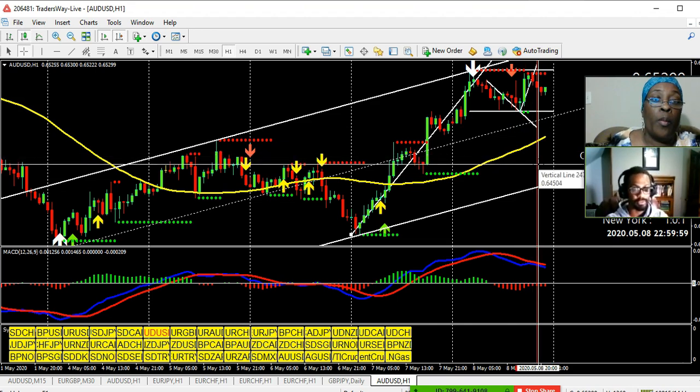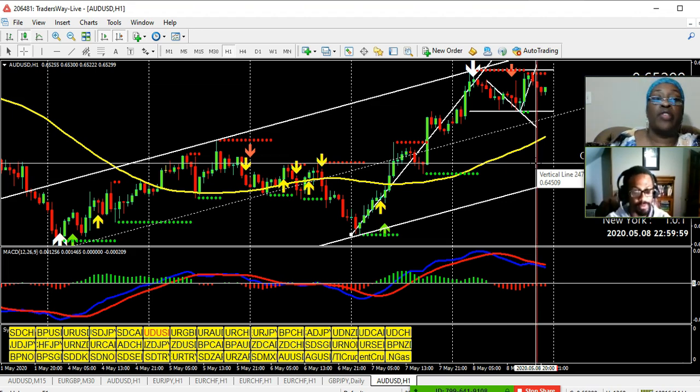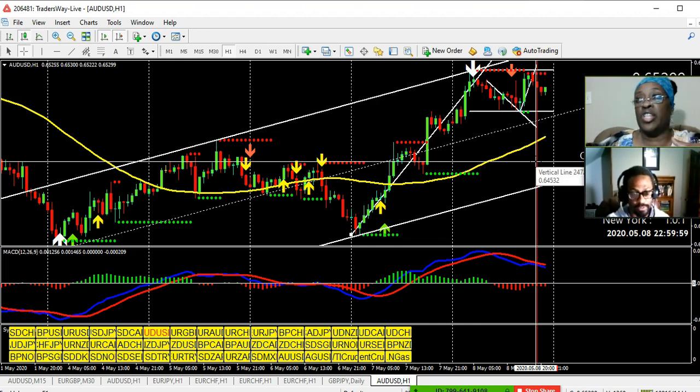In order to get in, we wait until a bearish candle closes below the 50 moving average. And of course, if it was bullish, it would need to close above it.